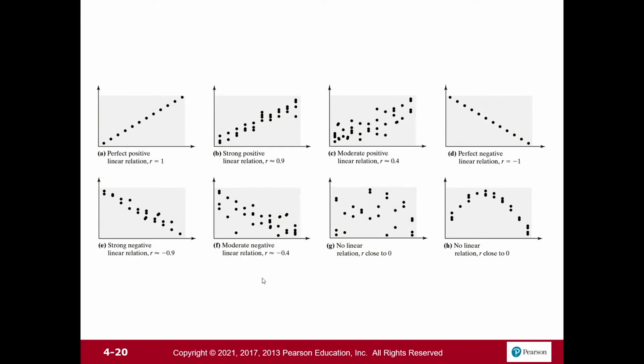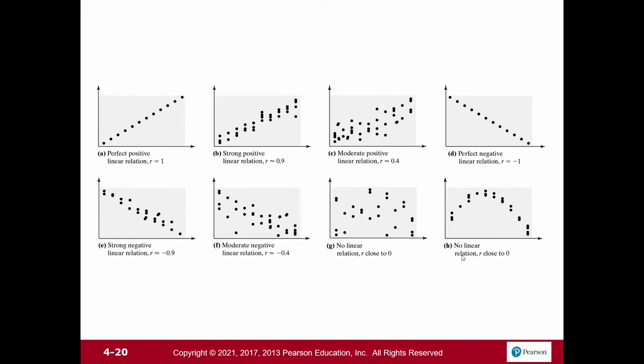Here are some examples of scatter diagrams and the r that corresponds to each scatter diagram. Notice the perfect positive and perfect negative, which is very rare. It's not practical.